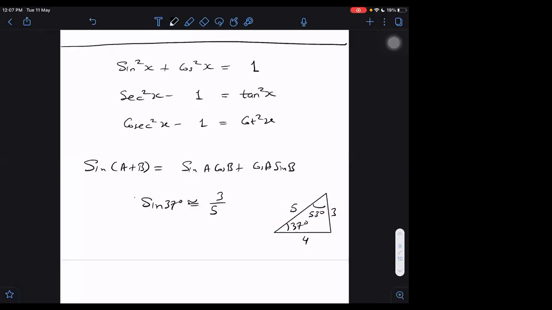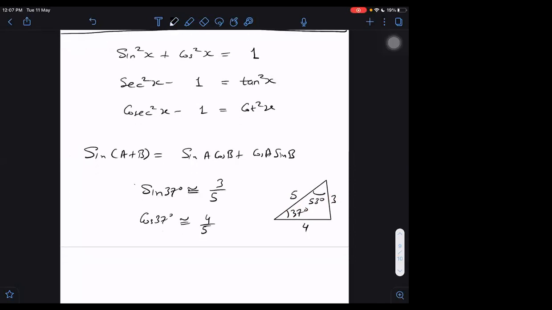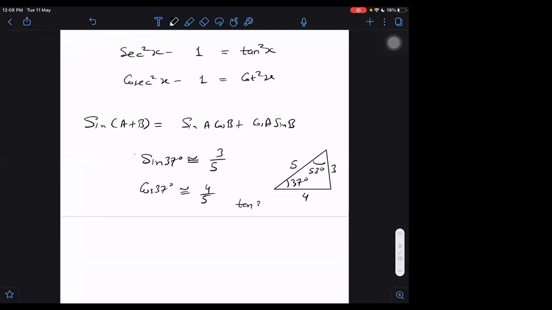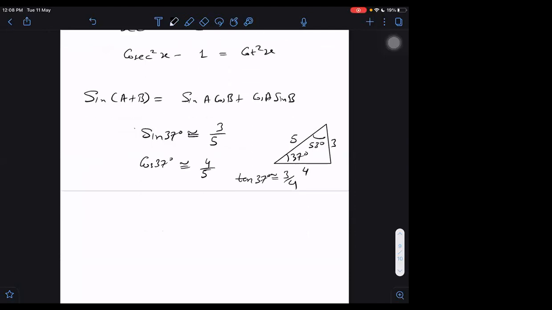It is approximately equal to 3 by 5. And cos 37 degrees is approximately equal to 4 divided by 5. Similarly, we can determine tan, etc. Tan 37 degrees is approximately equal to 3 divided by 4. These are not exact, these are approximate.